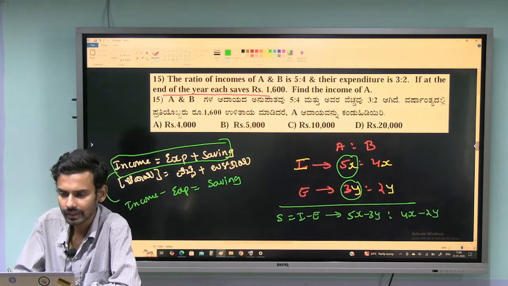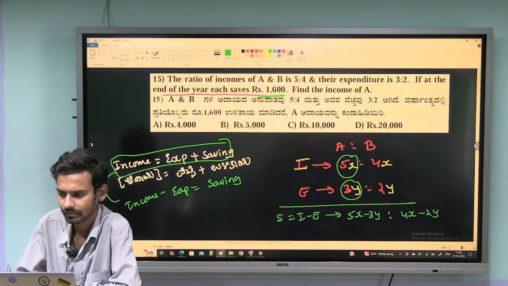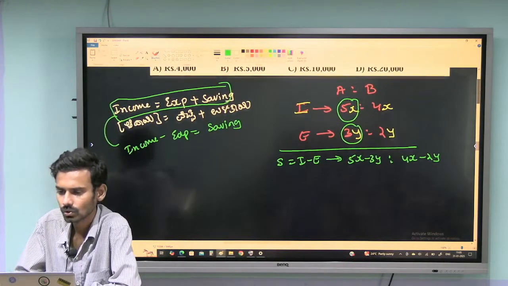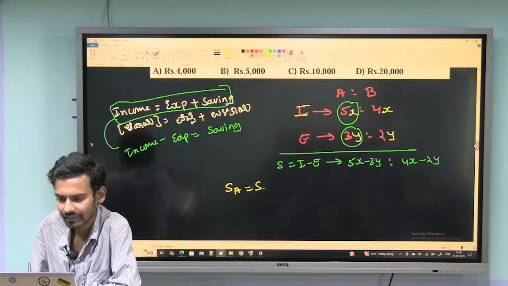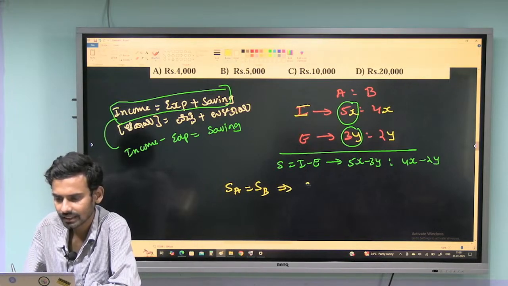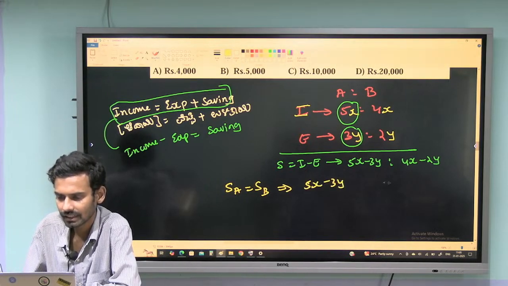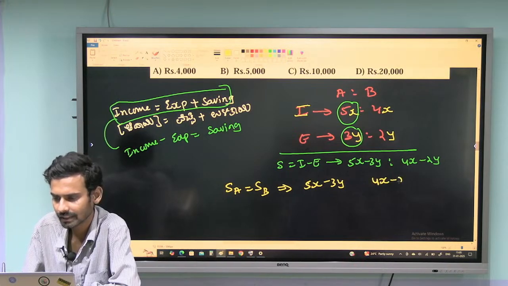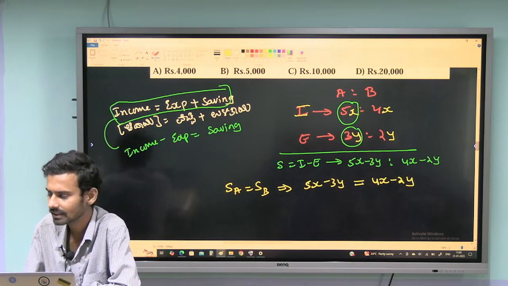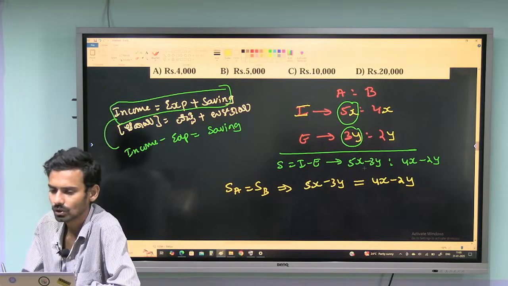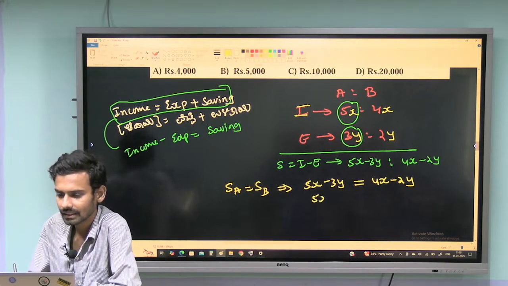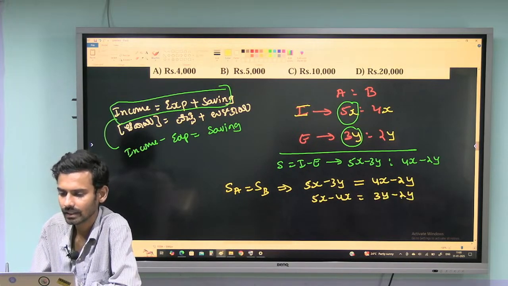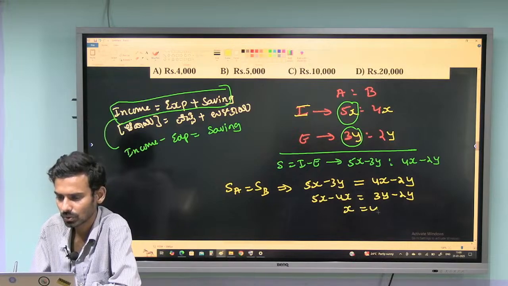According to the question, these two are equal. So equate them: saving of A is equal to saving of B. 5x minus 4x will be equal to 3y minus 2y, which is nothing but x equal to y.